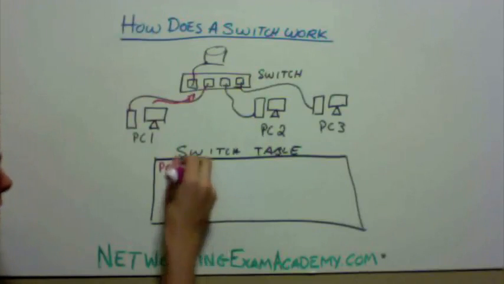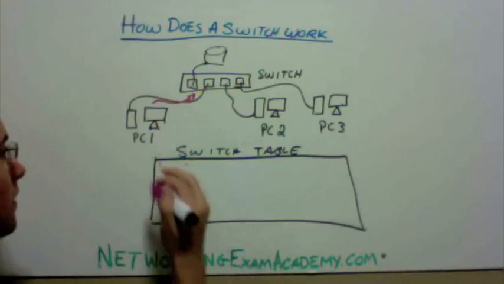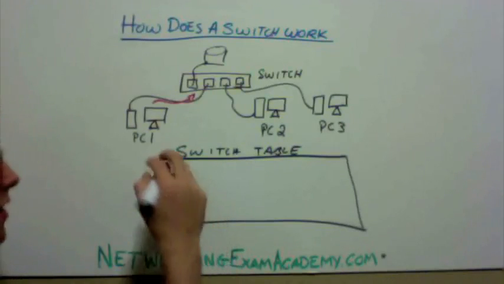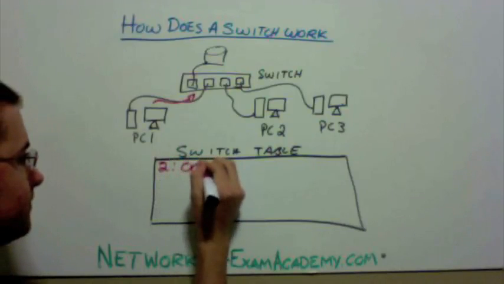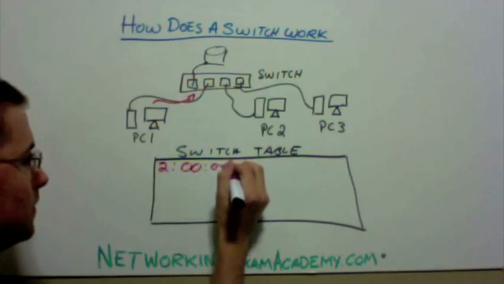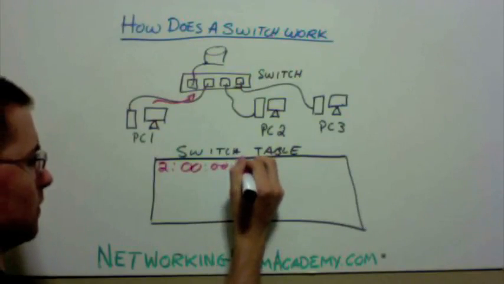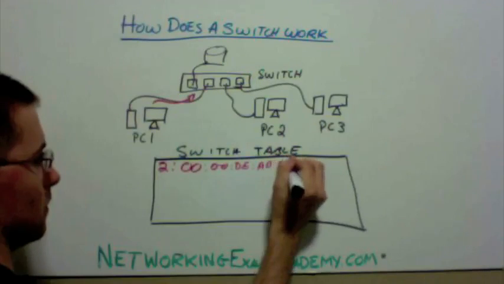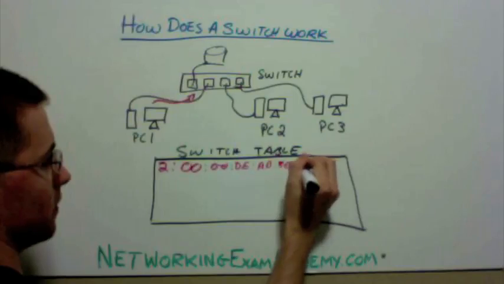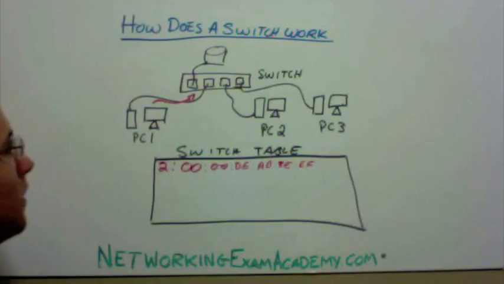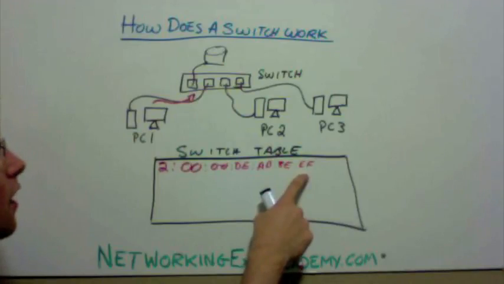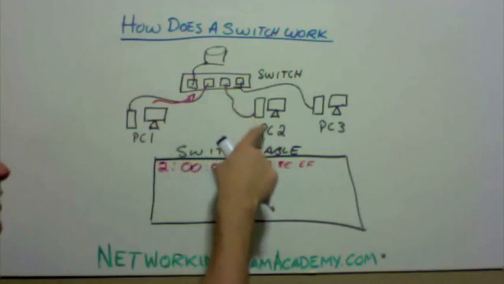So actually, this will be number 2, and it's going to put its MAC address of, I don't know, just give it a MAC address. There, it says on port 2, it has this MAC address, and it sent a destination MAC address to PC2.